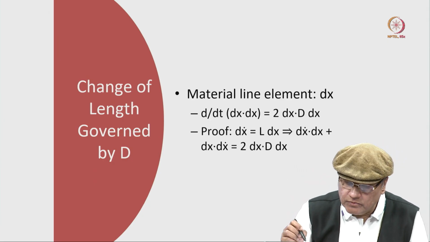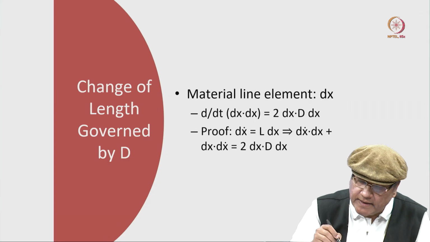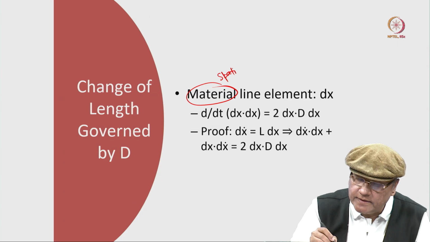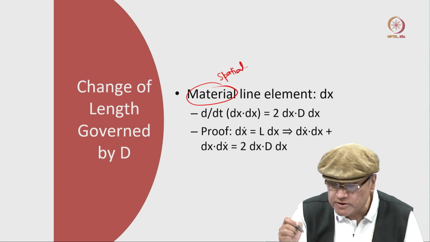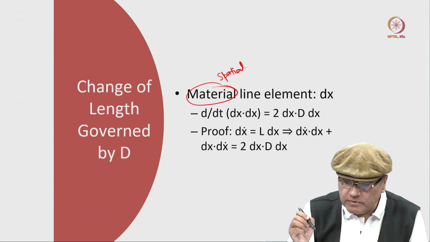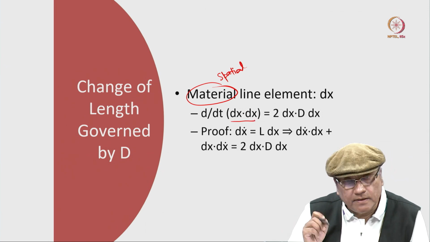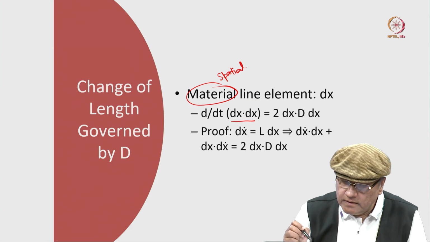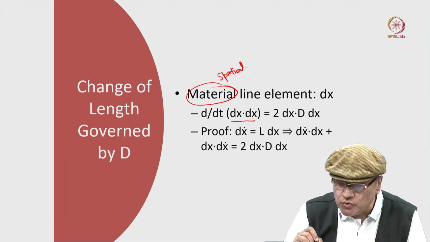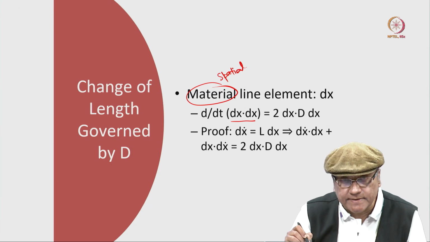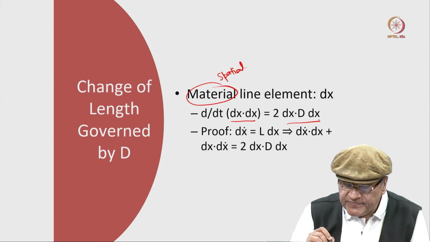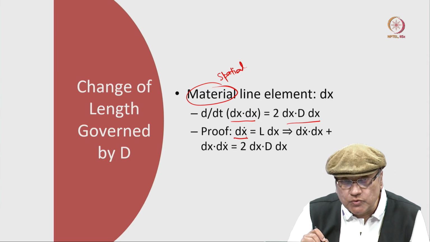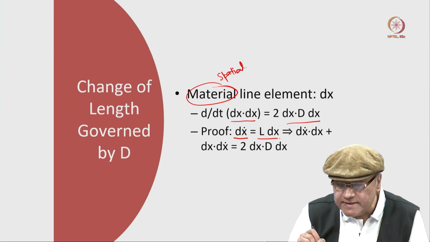Now if I take, this is not a material line element, I am sorry, this is a spatial line element, a small line element in the spatial configuration. Let us take the squared distance dx dot dx and take its time derivative. Then one can easily show that this is nothing but 2 dx dot D dx. One can see this from here. This dx dot is nothing but dv, which is related to the velocity gradient through L dx by definition.